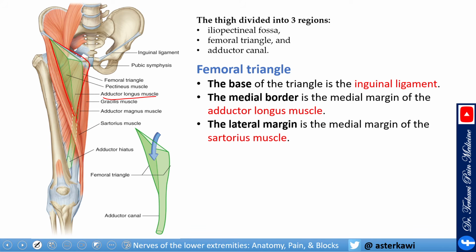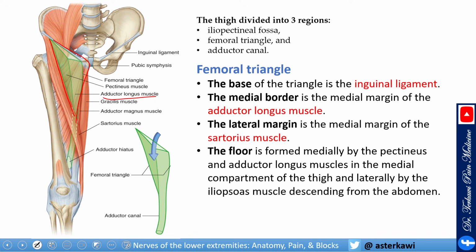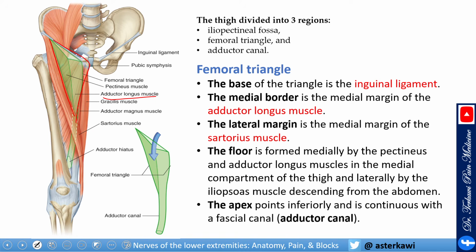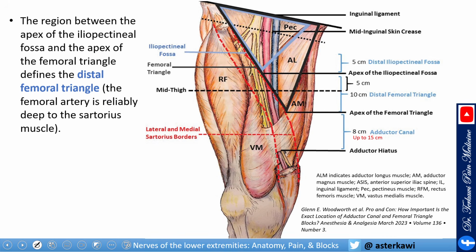And the lateral margin is the medial margin of the sartorius muscle. The floor is formed medially by the pectineus and adductor longus muscle in the medial compartment of the thigh, and laterally by the iliopsoas muscle descending from the abdomen. The apex points inferiorly and is continuous with the fascial canal called the adductor canal.